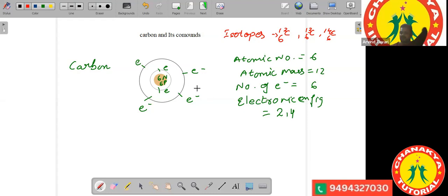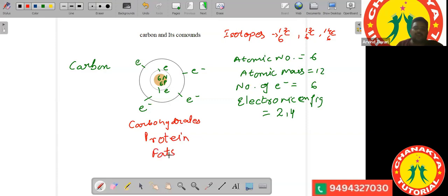Is there any specific reason why we are going to study carbon? The reason is that in your body you have carbohydrates, proteins, and fats.